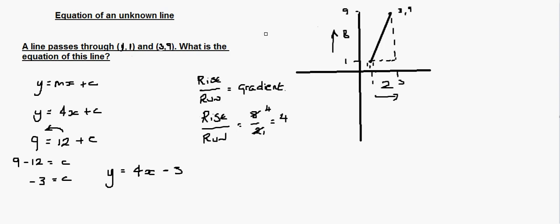Now if we happen to have a line that's negative, okay, and we have, say, a line like this, then we still do exactly the same thing.